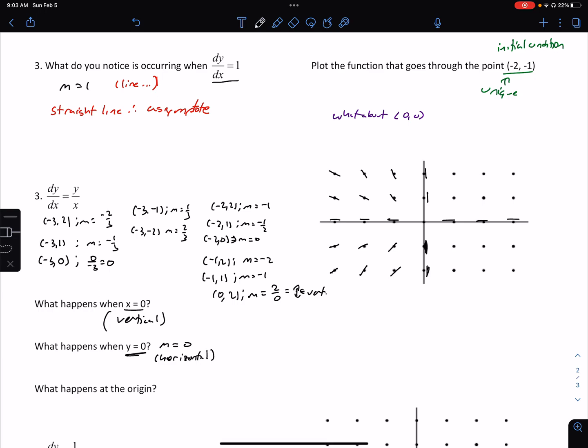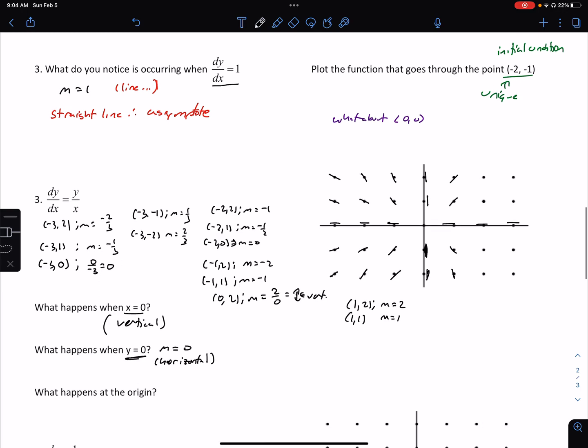And now we're going to pick a new point. Another point. Ready? Point 1, 2. The slope would be just, if we pick that, it would be 2. And you can probably notice the pattern. If I pick 1, 1, the slope here is just going to be 1. And over here it's flipped, negative 1, negative 2. And if I pick the point 2, 2, our slope is also 1.